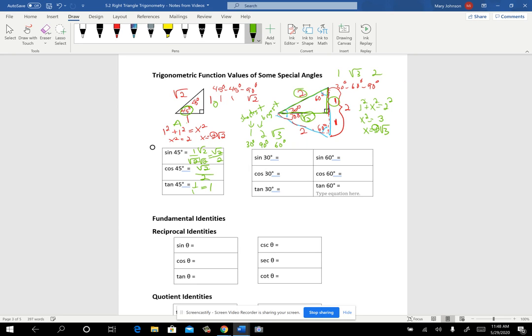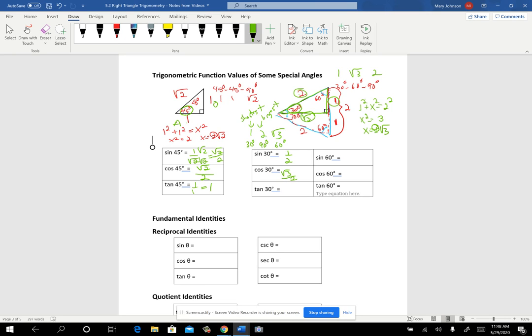Okay. All right, now over on the 30, 60, 90 triangle, the sine of 30 would be 1 over 2. The cosine of 30 would be the adjacent side. That's the longer one. That's the square root of 3 over 2.